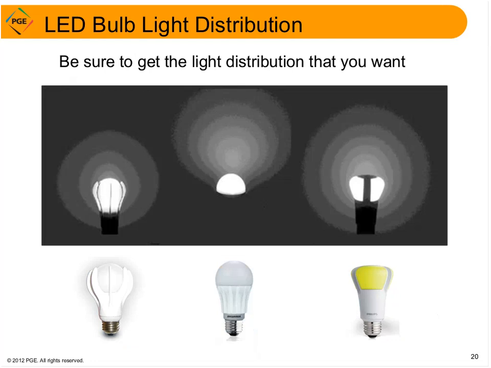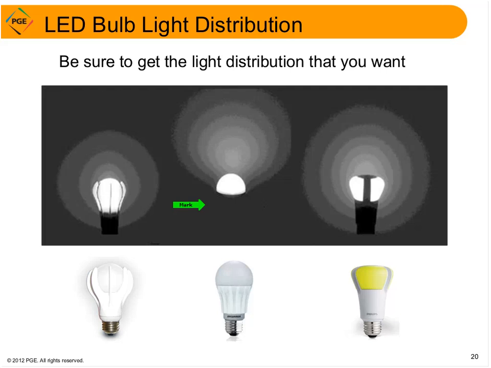What this means is that you need to pay attention when buying an LED light bulb replacement. The bulbs on the left and on the right do a pretty good job of replicating the ordinary light bulb, while the one on the right has a much higher light output. However, the one in the middle distributes light much more in one direction.